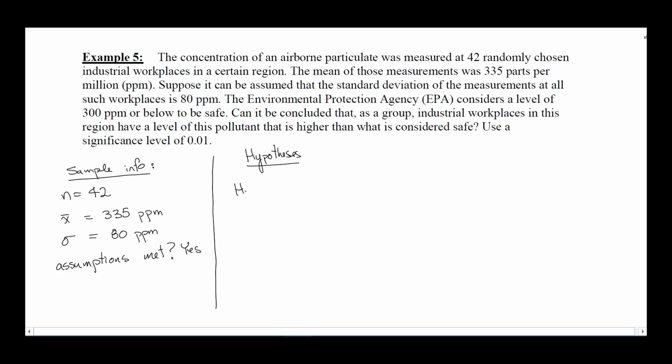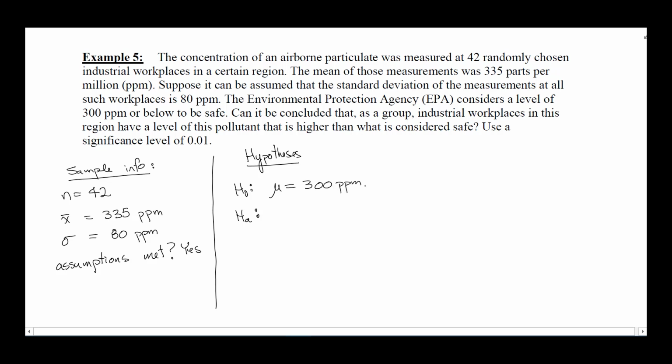Okay, so our H0 and our HA, or our H1. Okay, so what's our benchmark? Our benchmark is 300 ppm. So our null hypothesis is going to be mu equals 300 ppm.